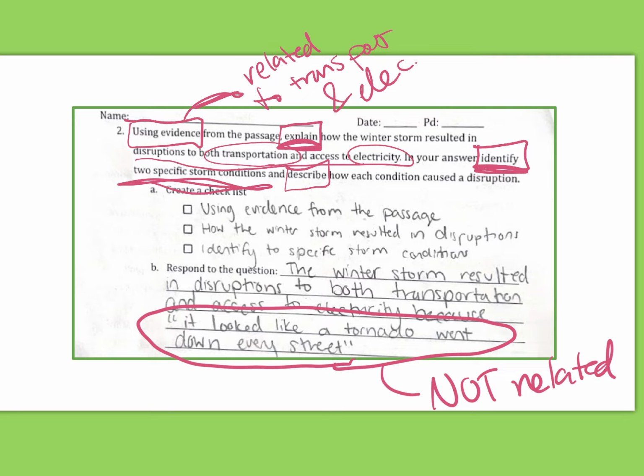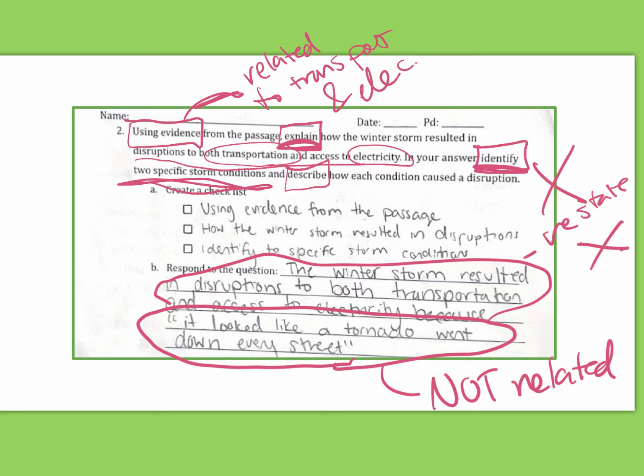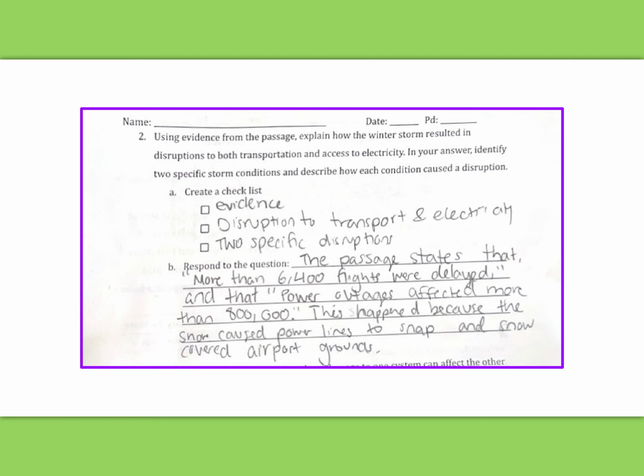Maybe if they had said, because it looked like a tornado went down every street, cars were unable to transport people, that might be related to transportation, but they didn't even explain that. This whole part up here is just them restating the question, which we do not need. That is using up basically 90% of their written response space on nothing. They're not saying anything.